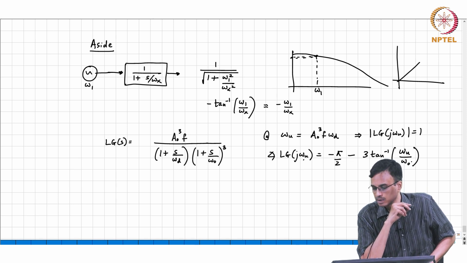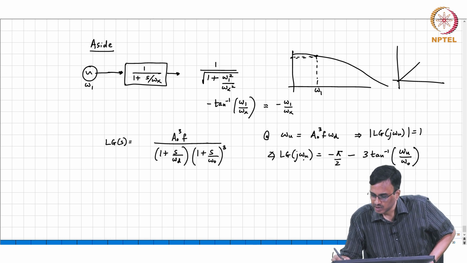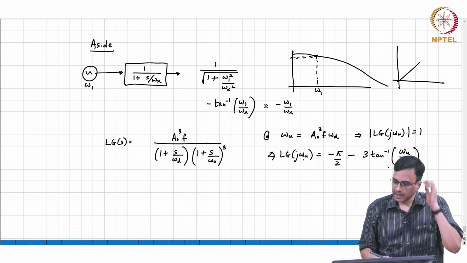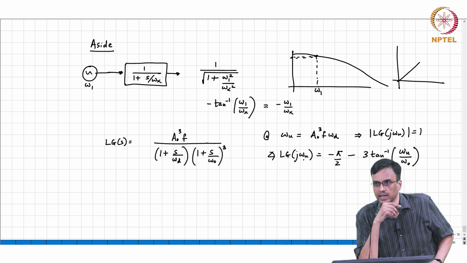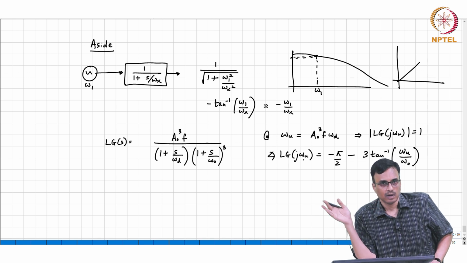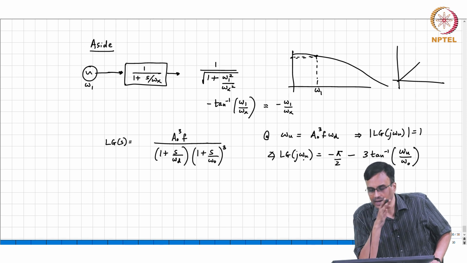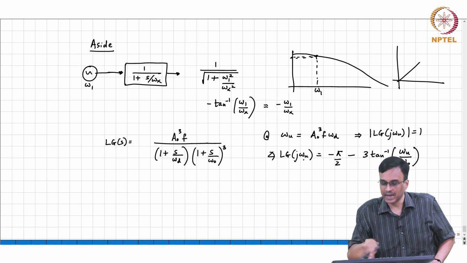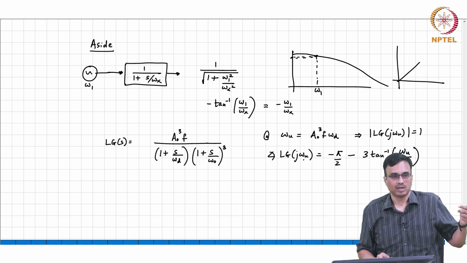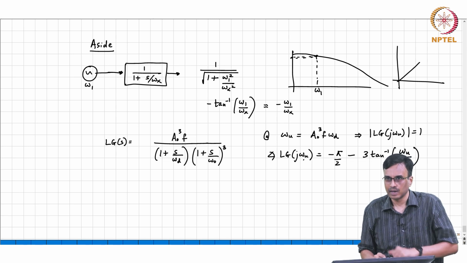Okay, all right. And so, as a sanity check, as omega naught tends to infinity, what will you get for the angle of the loop gain at the unity gain frequency? Minus pi by 2. The higher the unity gain frequency becomes in relation to omega naught, you see that this phase lag becomes more and more negative.